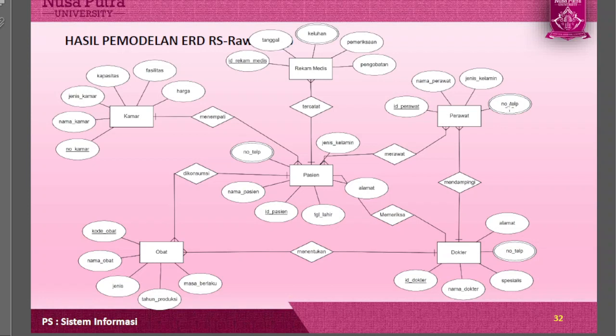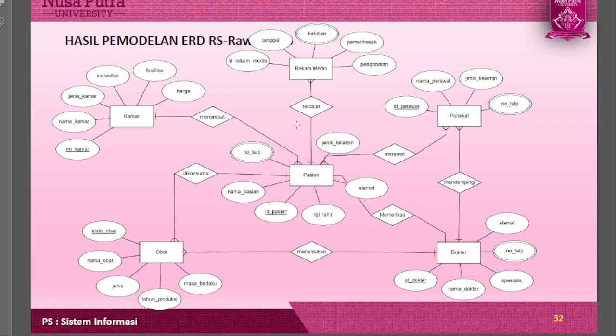It means the telephone number can be several numbers, so you have to put the double ellipse. Okay, the nurse takes care of the patient. Here the relation is take care of, or merawat.